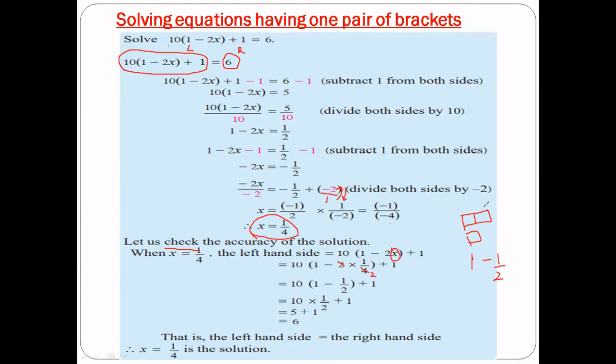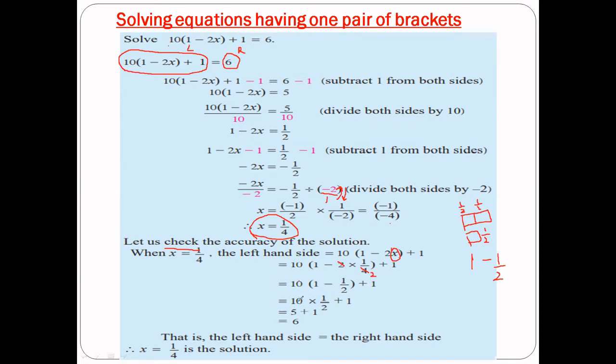This is the complete full cake. I will divide that into 2 parts and get a half. Then this is half. This is another half. So if we remove this half, the remainder is a half. 1 minus half equals half. This bracket is equal to half.